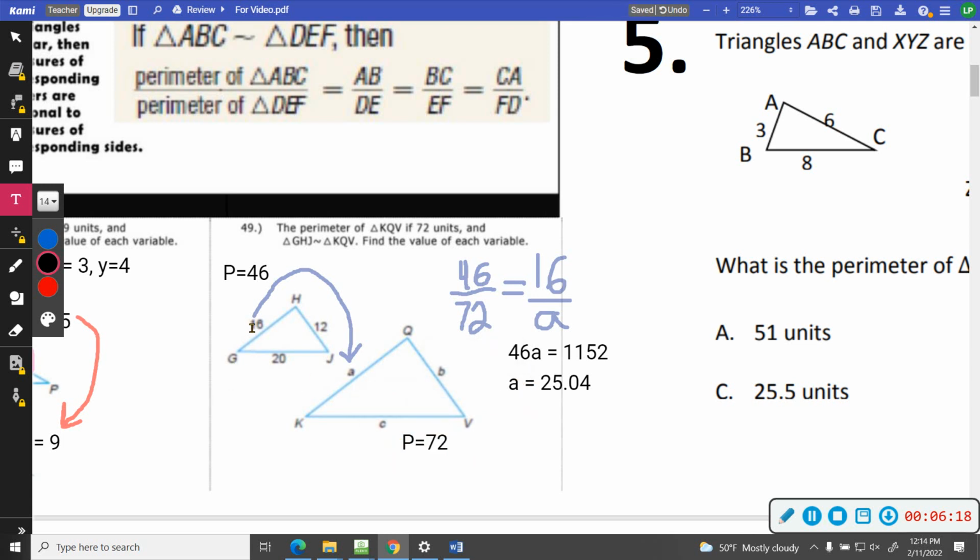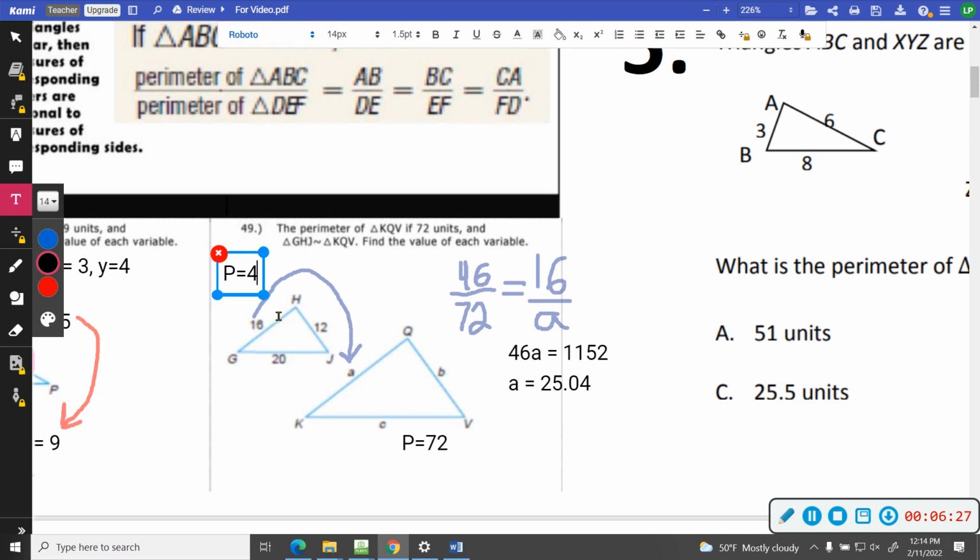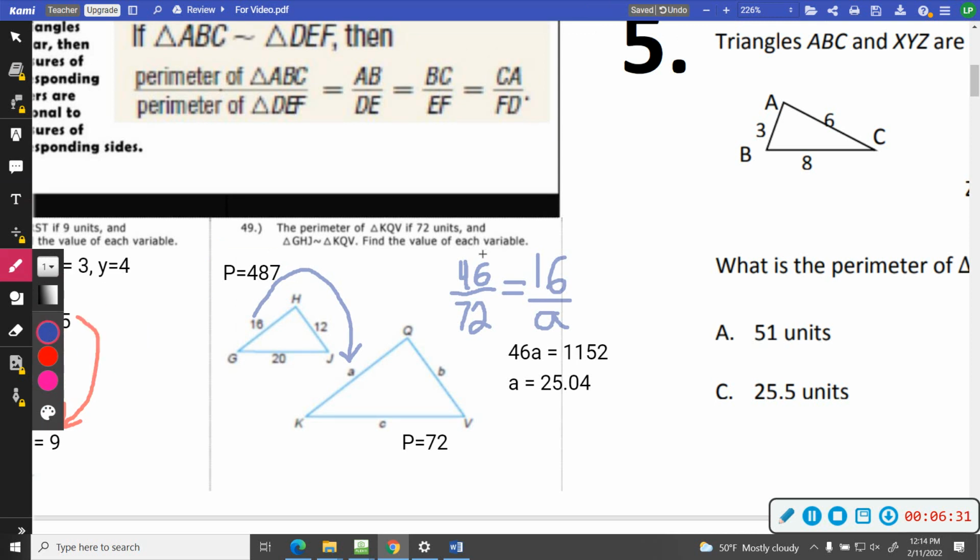So let's go back and make sure 16 plus 12 plus 20, that is 48. Ah, there's my mistake. That should be a 48.